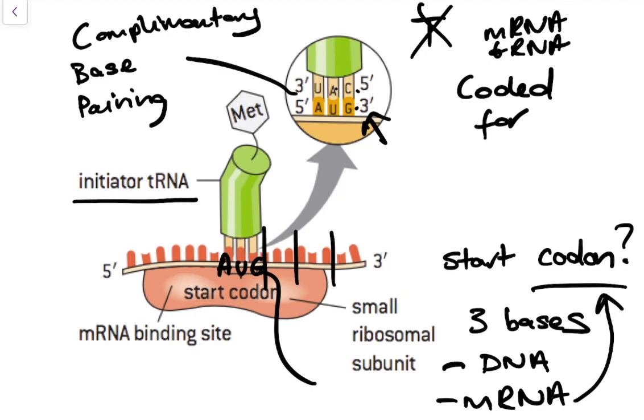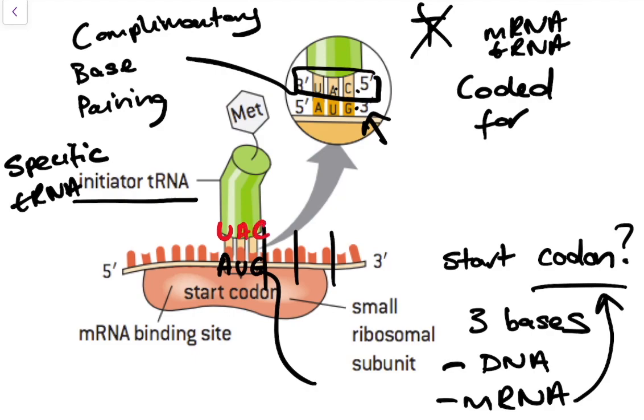So due to complementary base pairing, a specific tRNA is the only one that can match. Only a tRNA that has this code at the end of it, the UAC, will match.